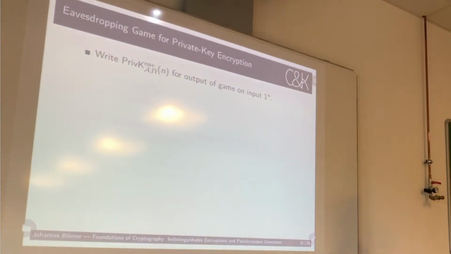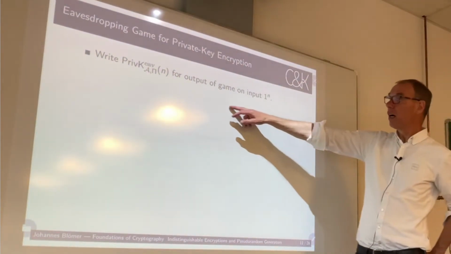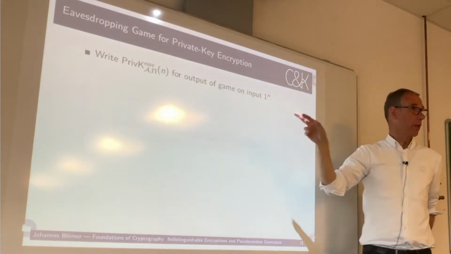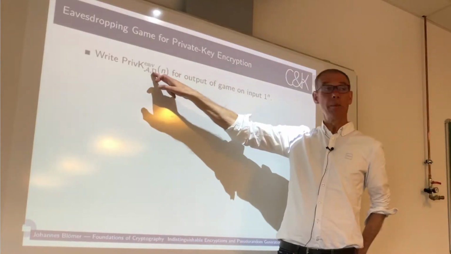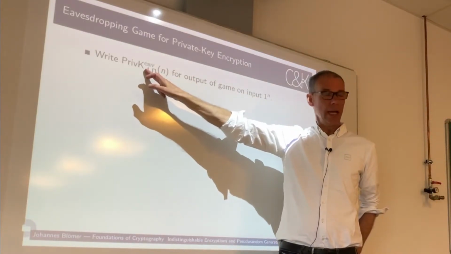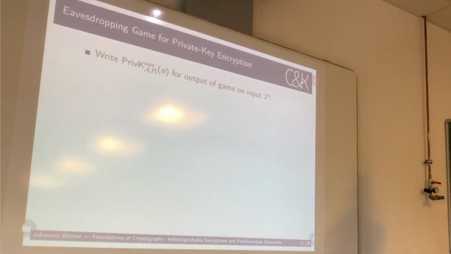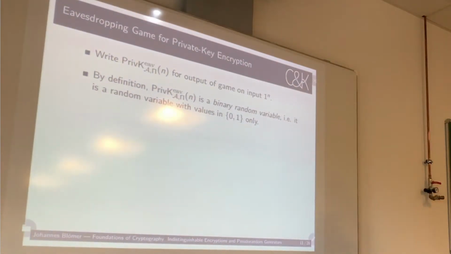Now we write this private key eavesdropping A comma pi for the output of the game on input 1 to the n, using the scheme pi, the challenger, and the adversary A. So for every adversary A, we have this value, which is a bit 0 or 1. It's a binary random variable. Binary can only take on 2 values, 0 and 1.